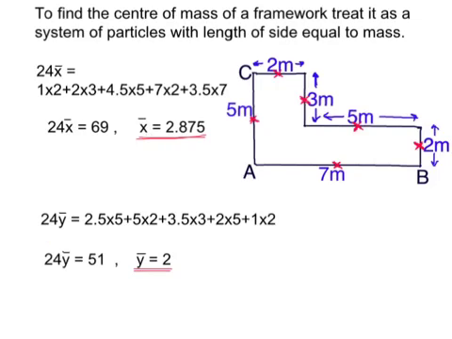Here we do exactly the same. This 2 is wrong, it should be 2 point something. Anyway, it's exactly the same again: 24, we've got 2.5 times 5, this vertical distance times that, 5 times 2, 3.5 times 3, 2 times 5, and 1 times 2, and 0 for this one because it's acting along there.